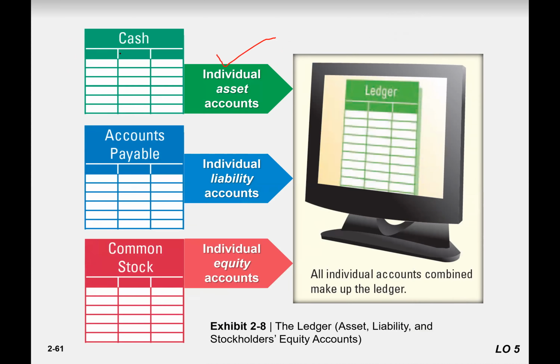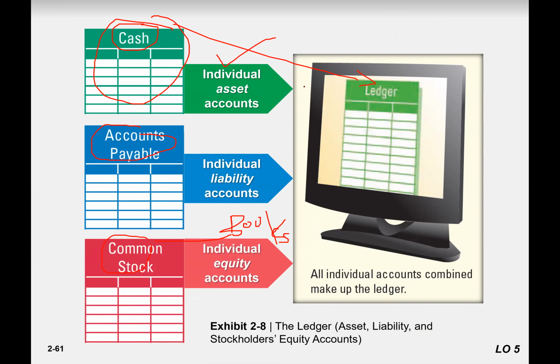Every T account is basically, in real life, registers or books. There is a left hand side of the page and a right hand side of the page. So in accounting, these books are called ledgers.